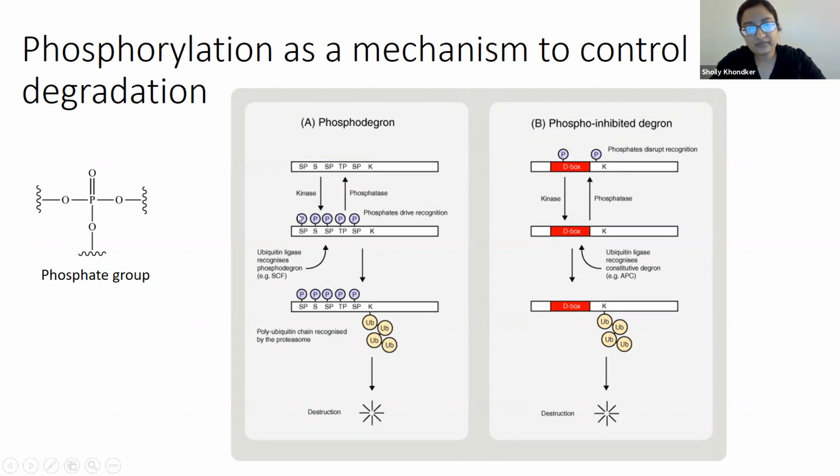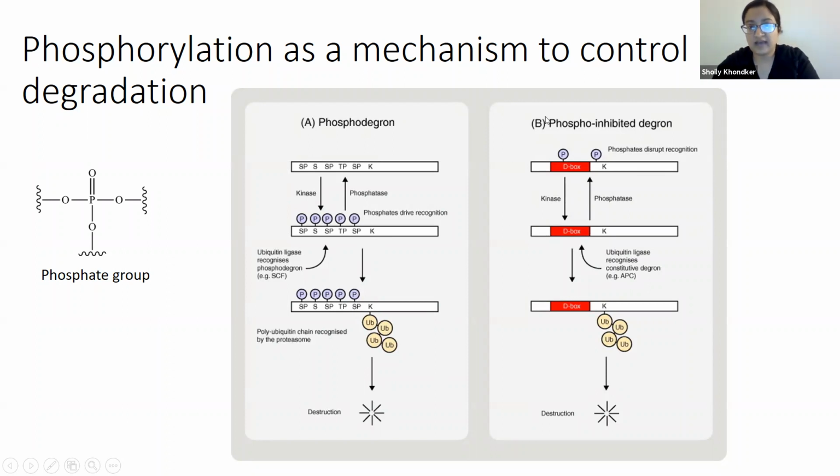Here kinases add phosphate groups to a protein sequence in a pattern that allows the ubiquitin ligase to recognize this phosphorylation pattern, and this promotes recognition by the ubiquitin ligase complex, resulting in ubiquitination of this protein, resulting in its degradation.